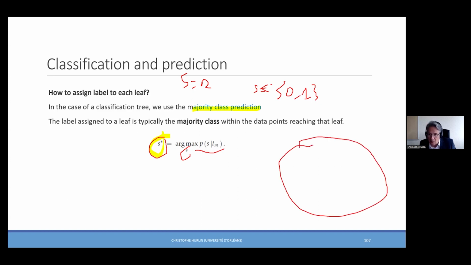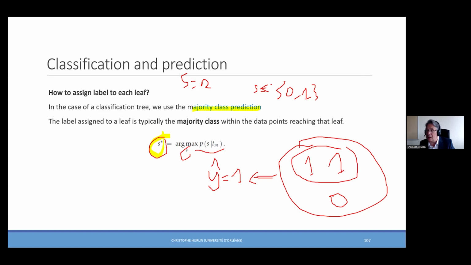It simply means that if I have a leaf in which I have 2 ones and 1 zero, what is the prediction given by the model for all the individuals in this leaf? It will be 1, because this is the majority class that I have in this leaf. Okay, this is very simple.